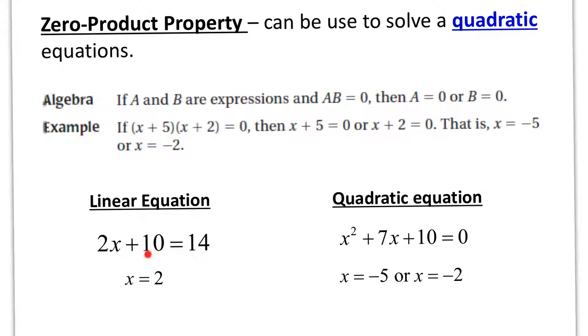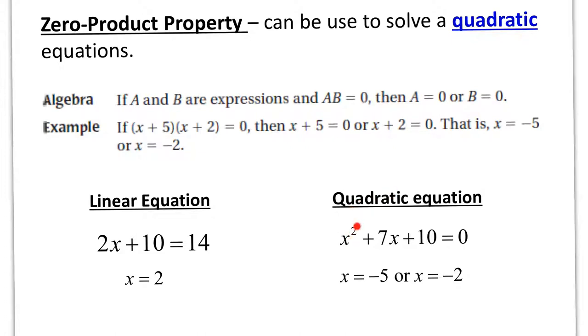You did the opposite to get x by itself, so you subtract 10 from both sides, and then you divide by 2, and your answer will be x equals 2. Now notice how many answers we have. x equals 2 is one answer. And if you remember, the word linear means the degree is 1 in that polynomial. So every polynomial has a degree. So linear means 1.